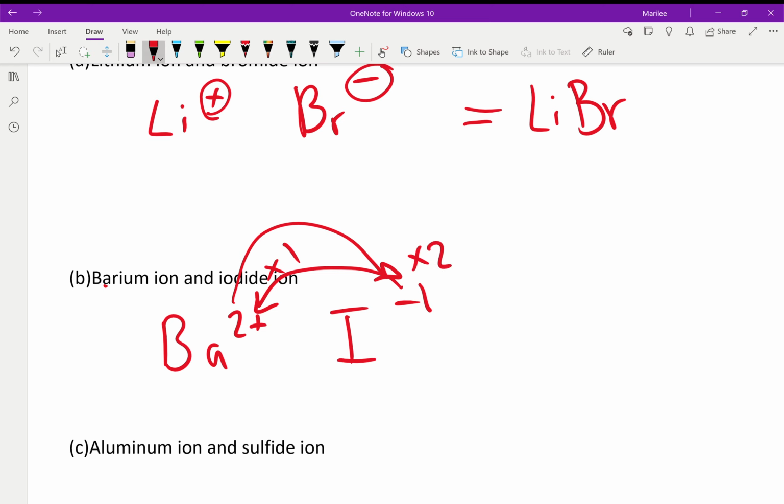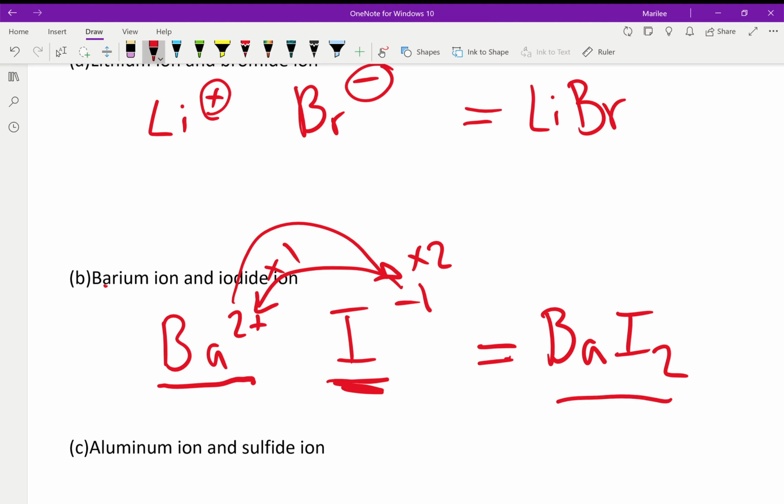So what does this mean? For one barium ion, we need 2 iodide ions for the charges to equal. So we write that as 1 barium, we need 2 iodides. Does that make sense? If we write it this way, our charges cancel out and are neutral.